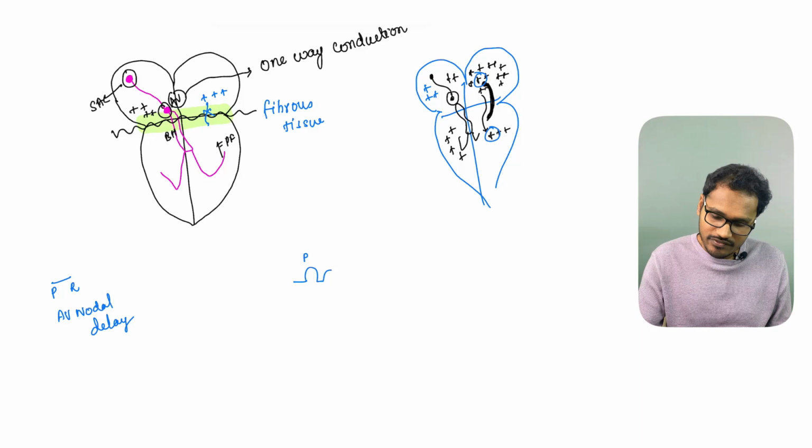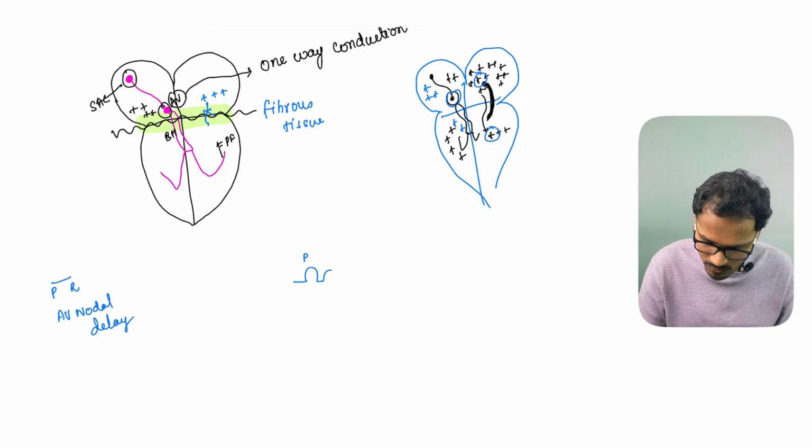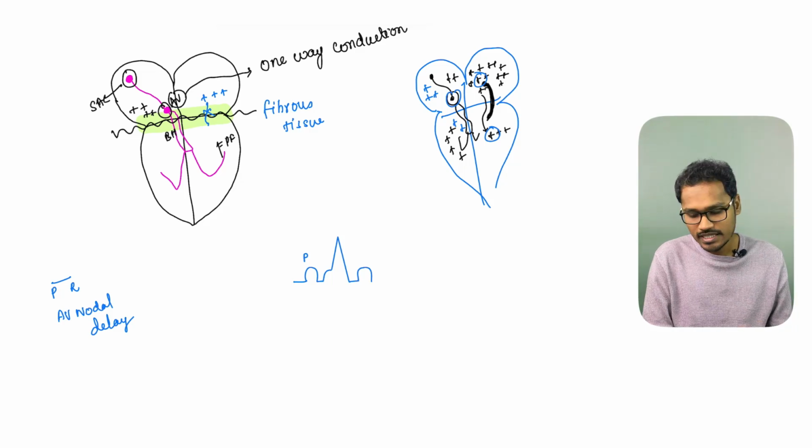Now again the impulse from the AV node, after its delay, reaches the ventricle, and again a proper QRS complex will be formed like this. Will the T wave be normal? The T wave can still be normal. So where is the main abnormality? It is in the PR segment and the QRS complex.